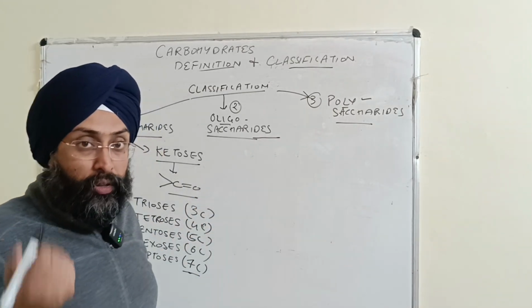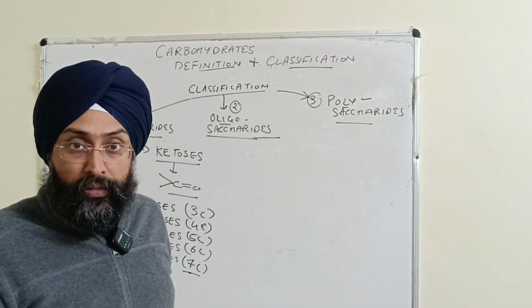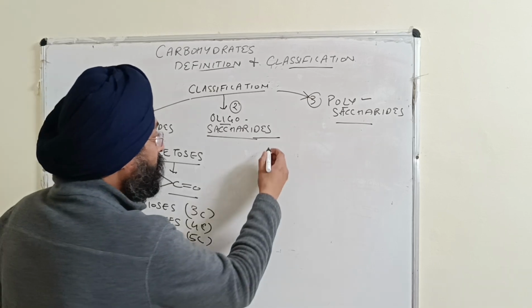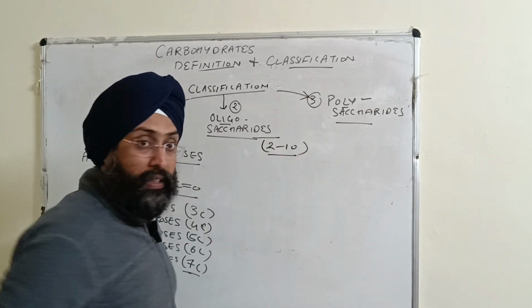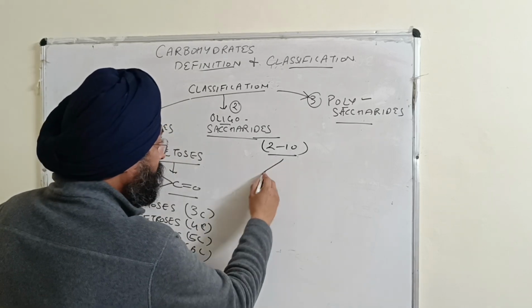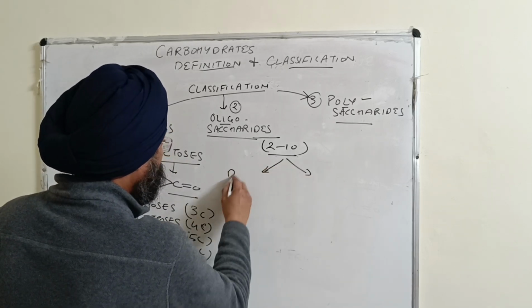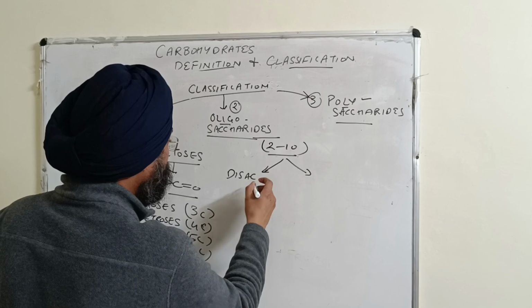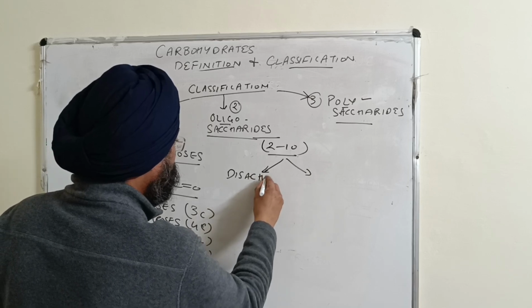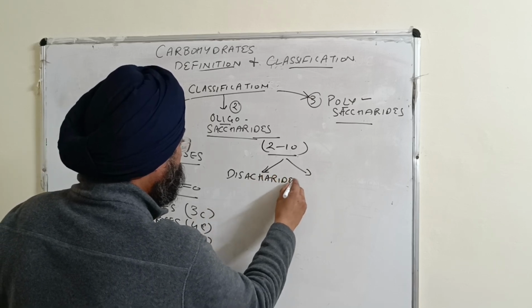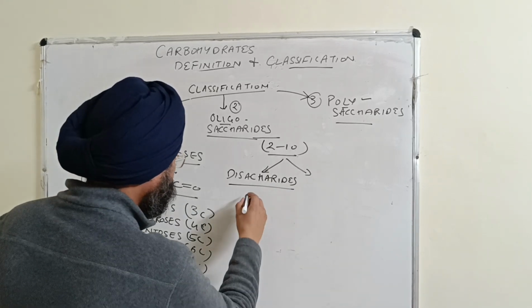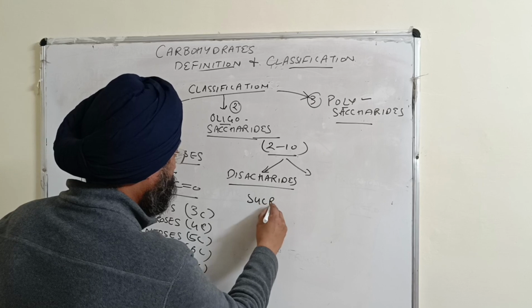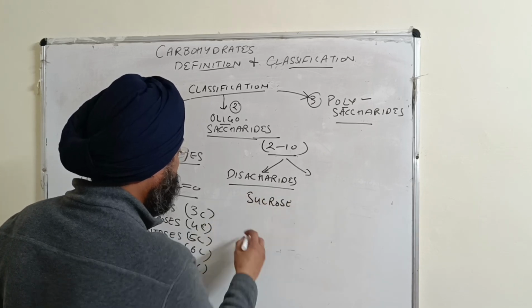Now coming on to the next category, that is oligosaccharide. Oligo means few, they contain few monosaccharide units, right? They can be from 2 to 10 monosaccharide units, and they are further categorized into disaccharides, right? And examples of disaccharides are, first is sucrose, right?